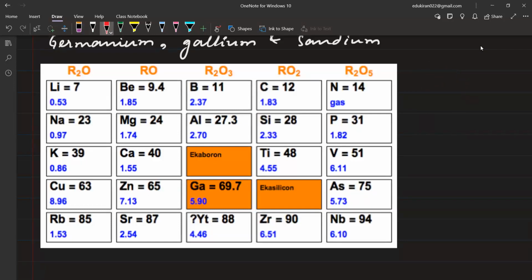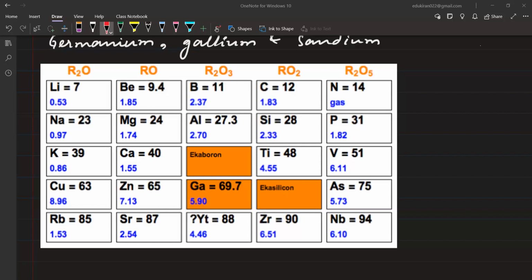On the basis of oxides, oxide was of very great importance in the initial times, because all of the elements had ores. For example, if you want to find magnesium, you will find magnesium oxide. You will not get pure magnesium on earth. You will always get it in a combined form, and that will always be oxide because oxygen is readily available in the air. In the initial periods of earth, maybe magnesium reacted with oxygen, formed magnesium oxide, and then it is found in deposits as minerals and ores.